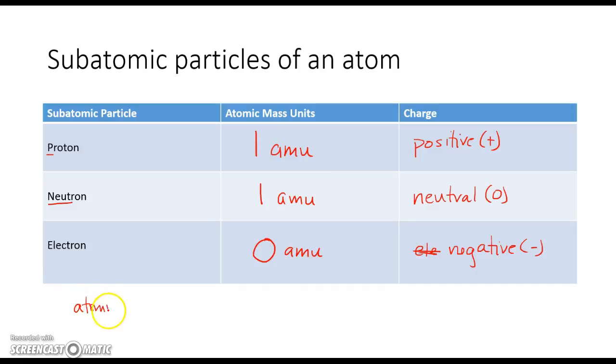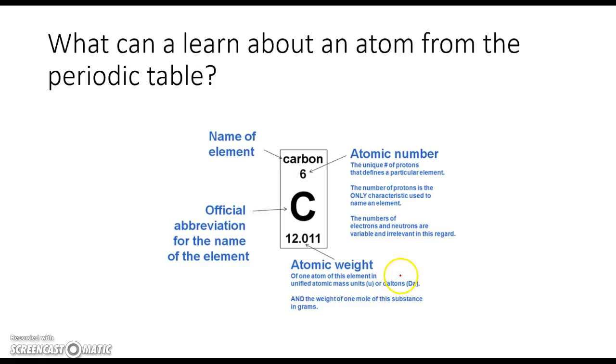So the atomic mass equals protons plus neutrons plus electron AMUs. So their masses. That will give you the atomic mass. And for some reason they call it weight. It should be mass.